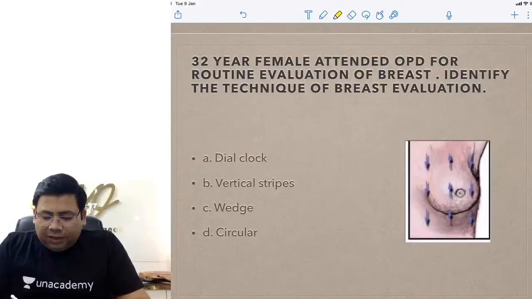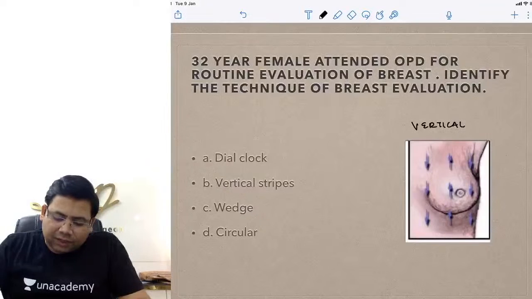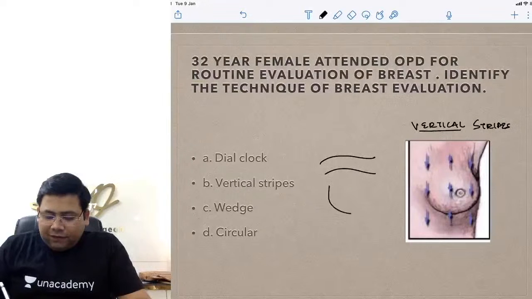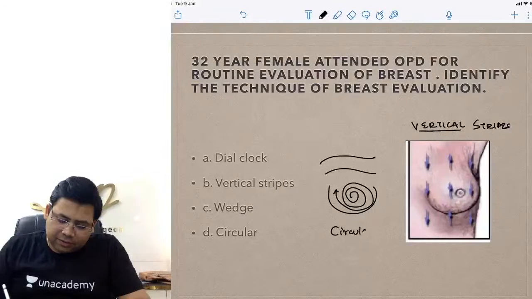When we talk about the techniques of breast examination, this technique is very simple and is known as vertical stripes: top to down, down to bottom, top to down, down to bottom. But we have other techniques also, where you can go from in to out in a circular way, a circular technique.